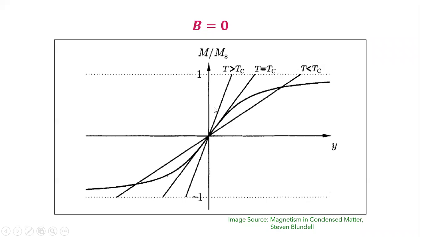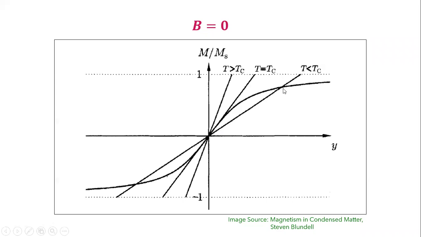Now, if I start to decrease it such that after some certain temperature, let's say critical temperature, the slope of the Brillouin function and the slope of this line at origin are the same, I'll find that below this critical temperature the point of intersection is not only having the m equal to 0 solution, but also some non-zero solutions.